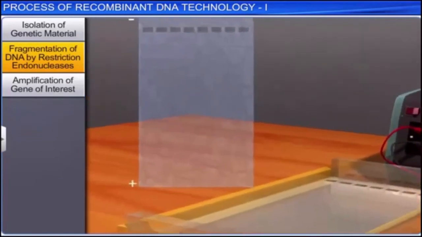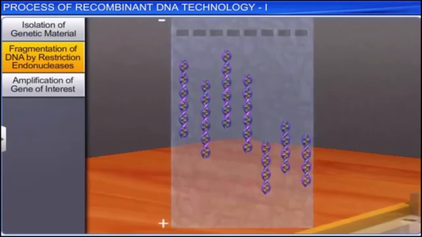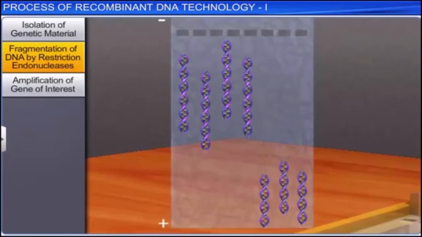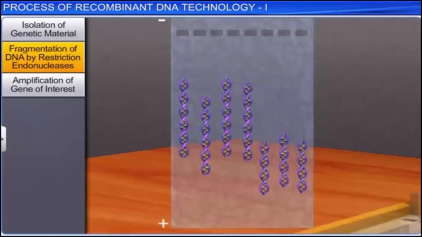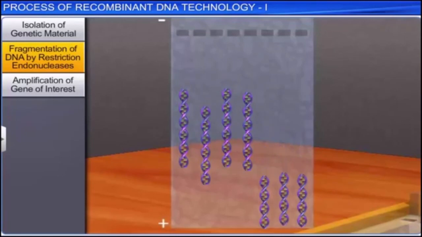The separation of fragments occurs according to each fragment's properties, which determine how fast the electric field can move the molecules across the gel. The bigger the DNA fragment, the slower it moves towards the positive pole. Therefore, smaller fragments reach the bottom of the gel first.